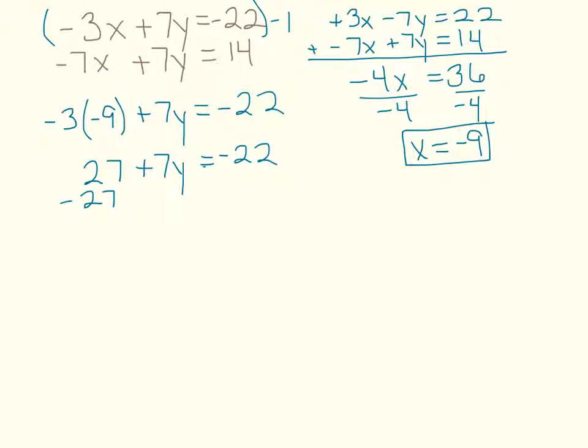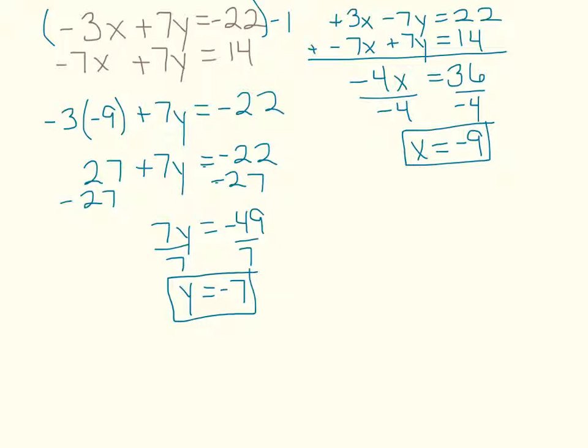Subtract 27. So 7y equals negative 49. Divide by 7. y equals negative 7. That would be your second answer.